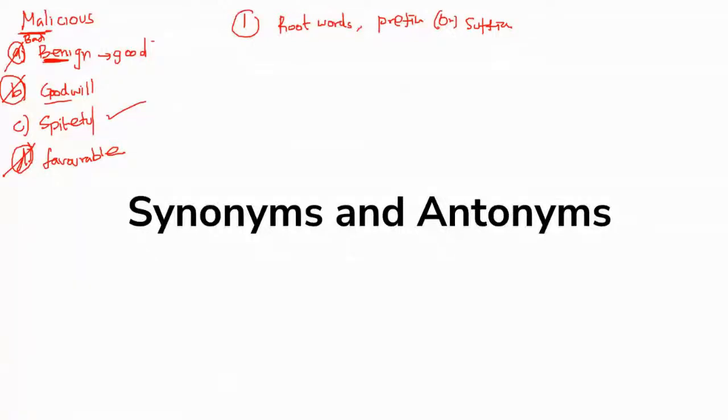Second one is consider all possible meanings of the answer options. All possible meanings.